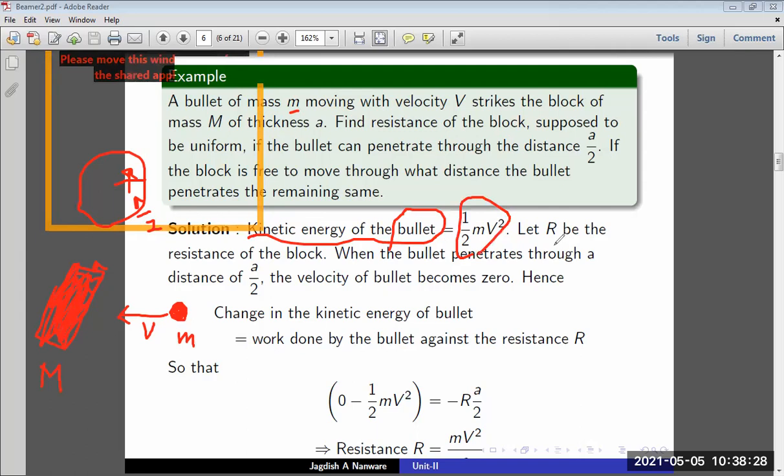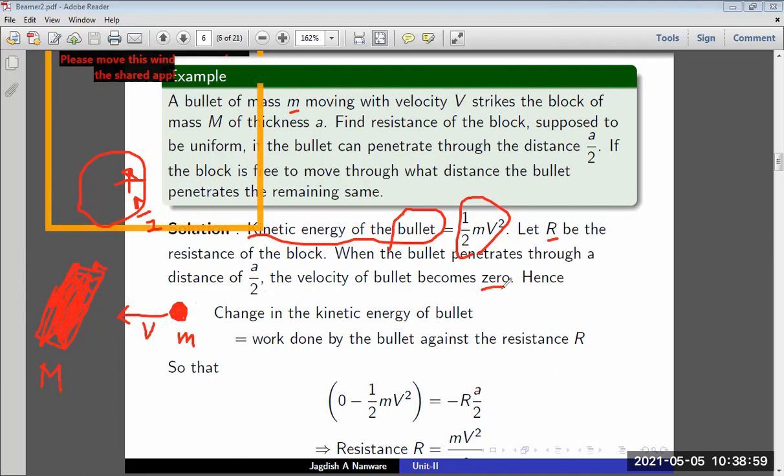Let us denote the resistance of the block by this notation R. And when the bullet penetrates through a distance of A by 2, half of the thickness, the velocity of the bullet becomes 0. So after penetration, the bullet will stop. There is no velocity, which means the velocity is 0.